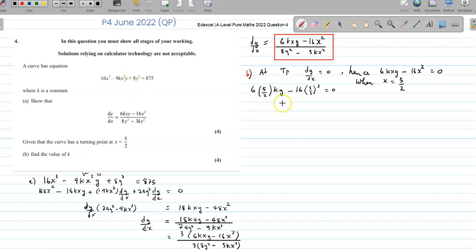So when we simplify this and rearrange the formula to find y, we have y as 100 over 15k, 100k over 15. And this can be simplified to give us 20k over 3.